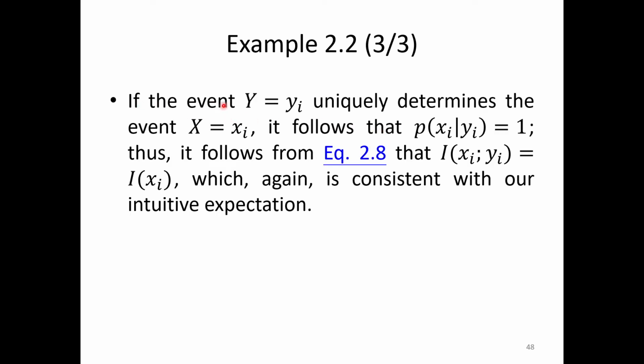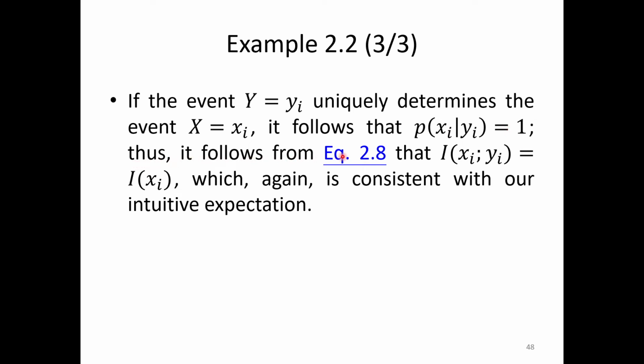If the event Y equal to y_i uniquely determines the event X equal to x_i, it follows that P(x_i given y_i) is equal to 1, because when you know y_i, you can completely know the value of x_i. So this conditional probability will equal 1.